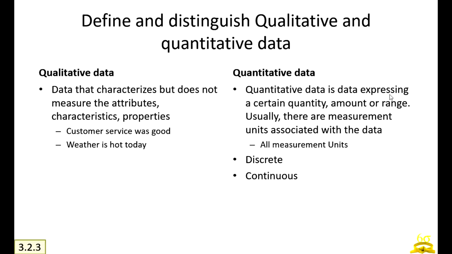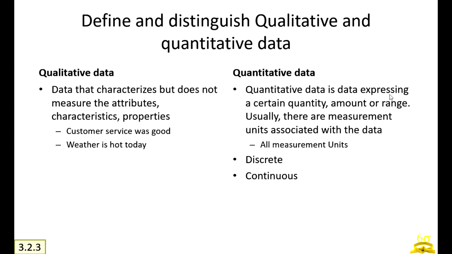Broadly we divide data into two parts: qualitative data and quantitative data. Qualitative data is mostly non-numeric. For example, how was the customer service? It was good. How is the weather today? It is hot.